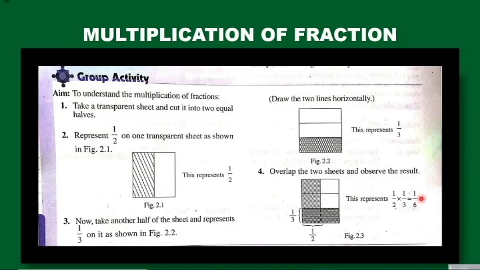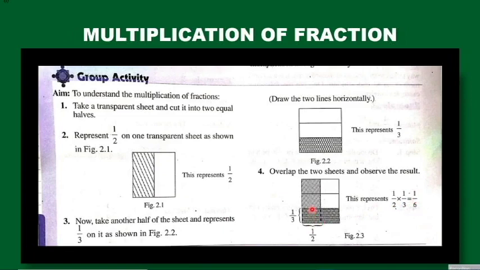And how do we get the numerator? We see which part is common, which lies in both sheets. This is the only box which is common in both sheets. This is the common shaded part. Understand? So the answer is 1 upon 6.